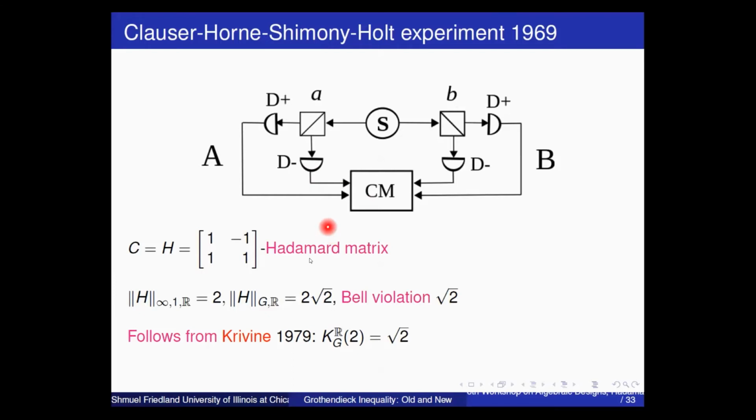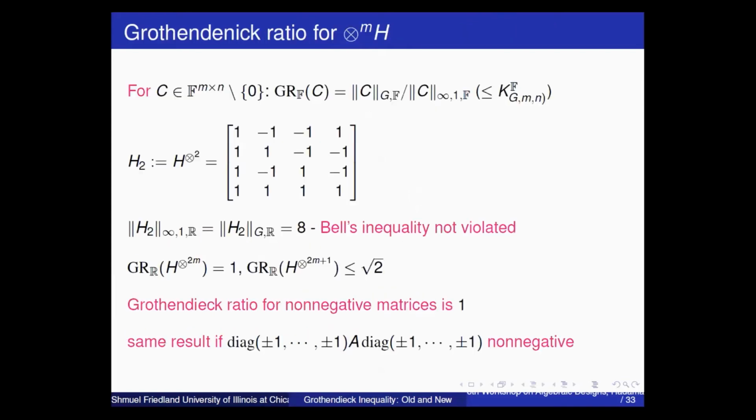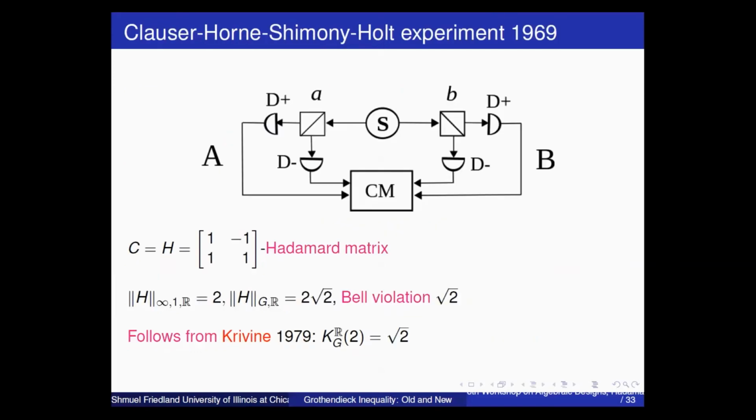So for 2 by 2, it's a miracle that you have a very simple matrix, the Hadamard matrix, for which the Bell violation is the maximum possible according to this model. Now it doesn't happen more for, I think, unfortunately, unless n equals 2, or at least I don't know.